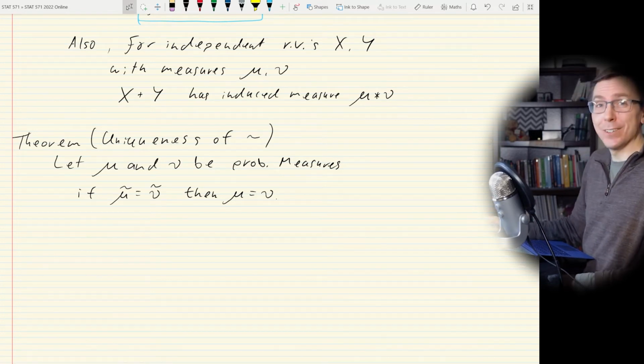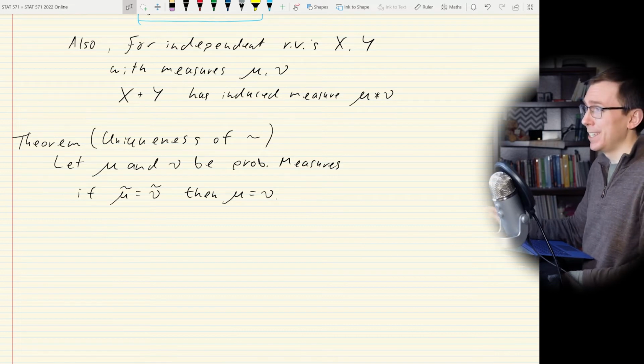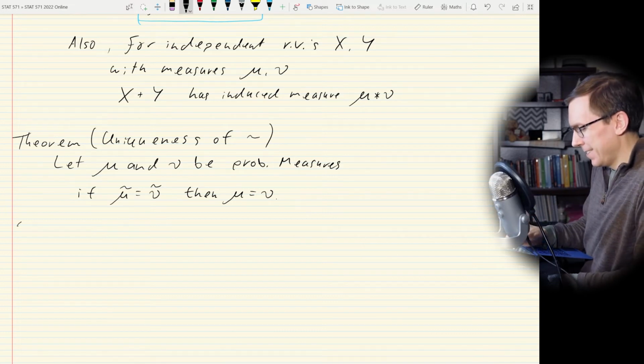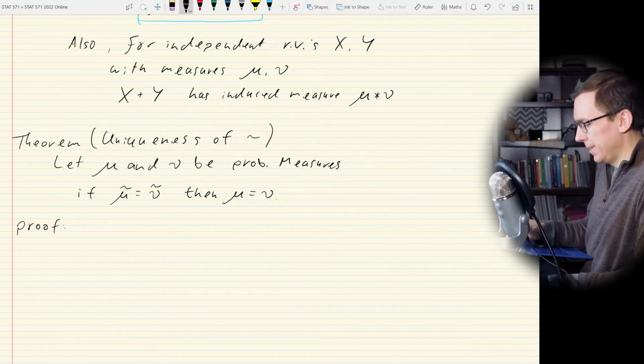Well, we're actually going to use the Gaussian measure to get that. So, proof.